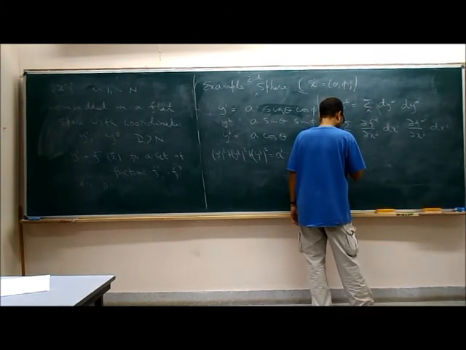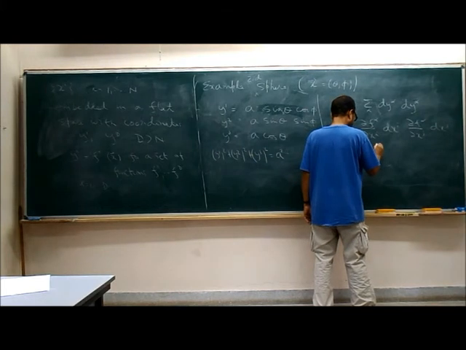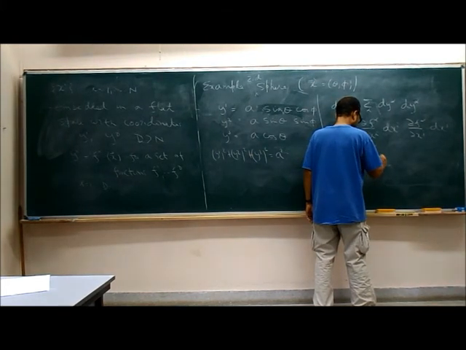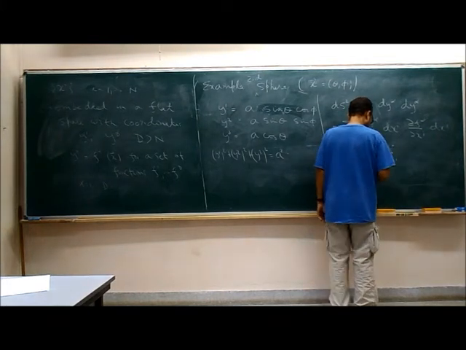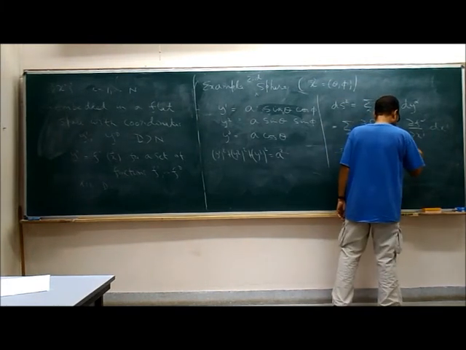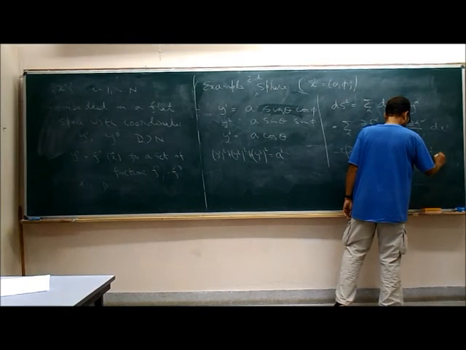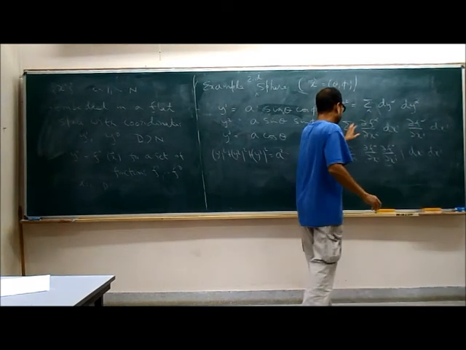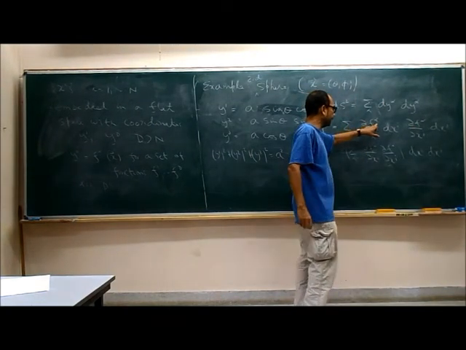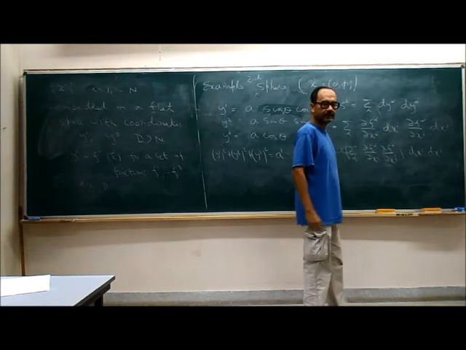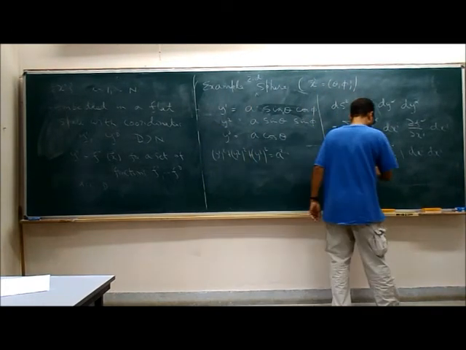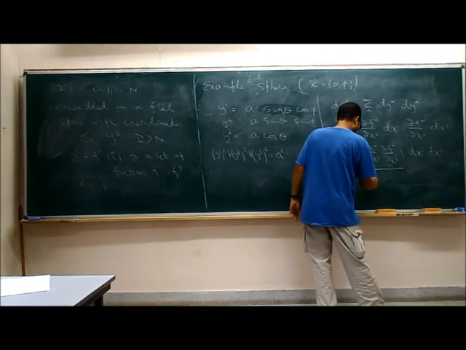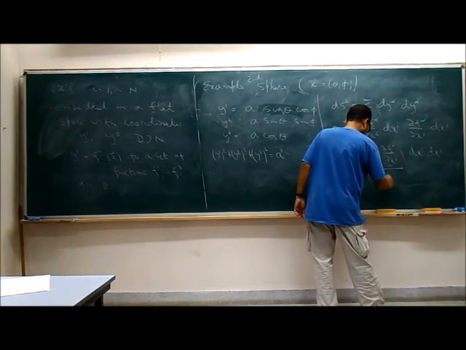Or I can just rearrange it a little bit: del f alpha del xi times del f alpha del xj, etc. I could in fact even remove the summation over alpha because it's repeated anyway, but I have just chosen to write it. So this quantity is now Gij of x.